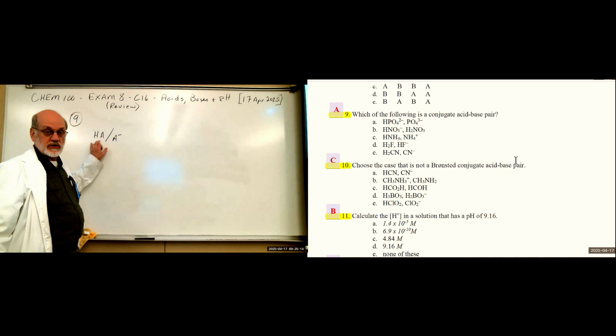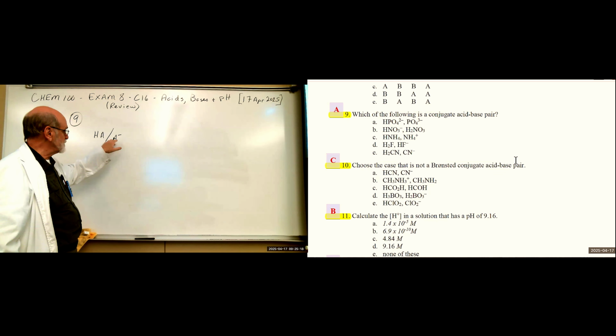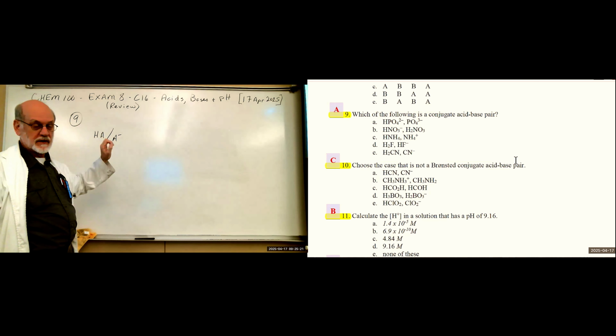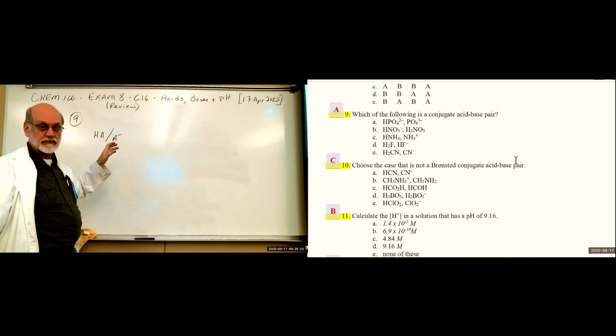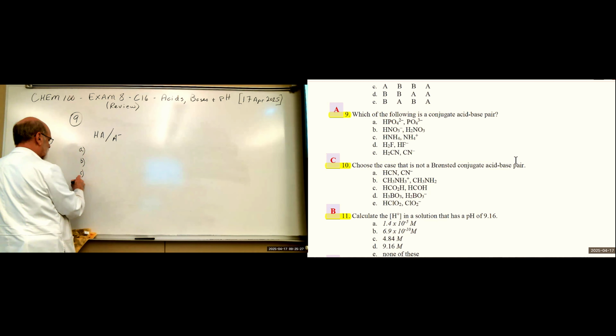Now, this could be charged, right? But the difference is this one is missing one proton from this side. So we have to look at our choices and see which ones satisfy that condition.